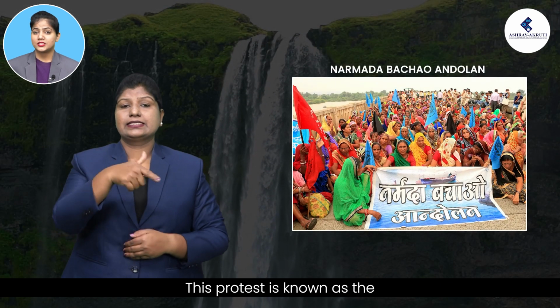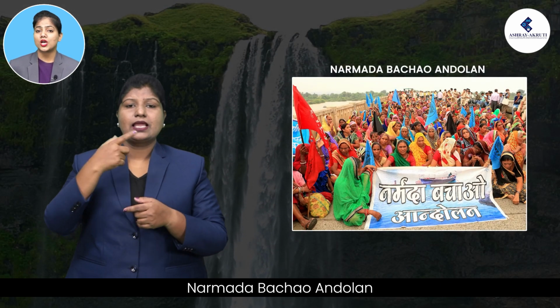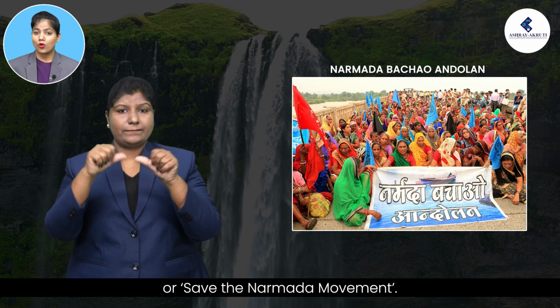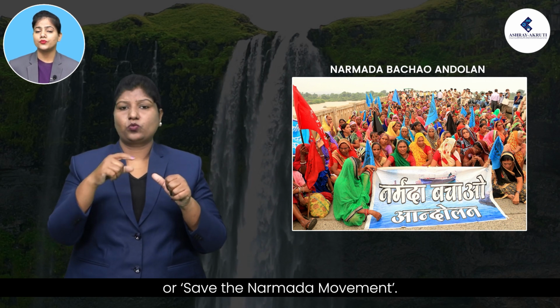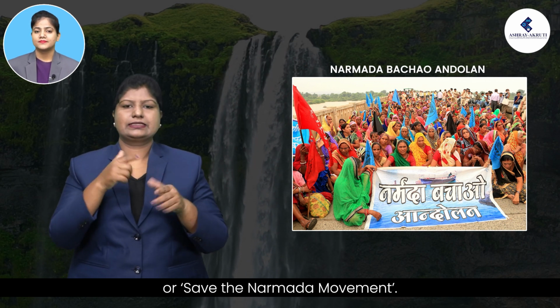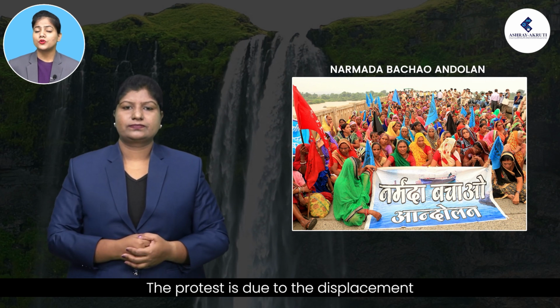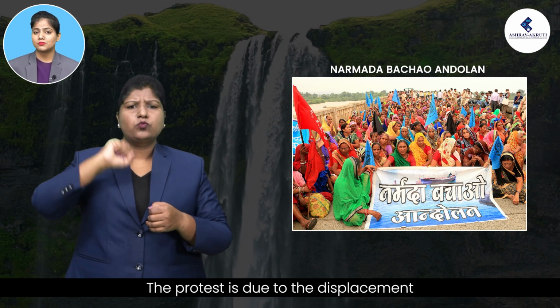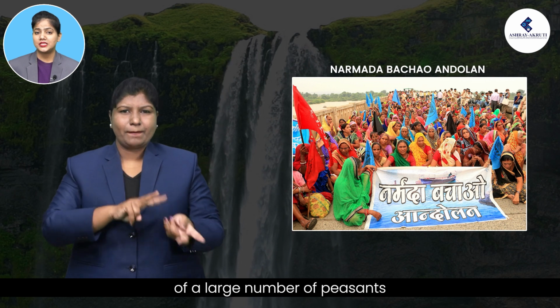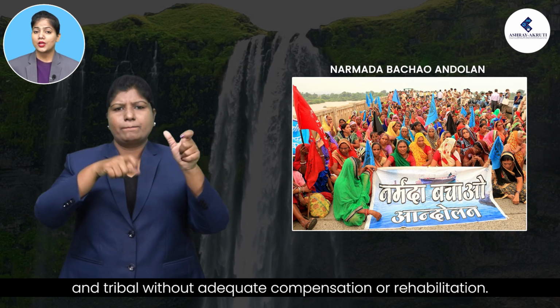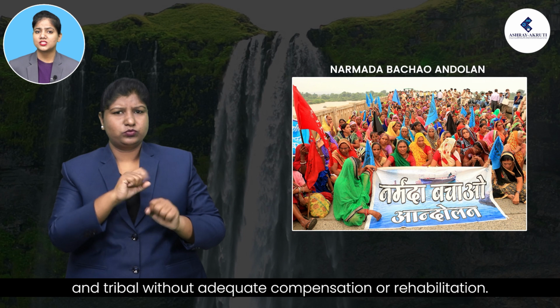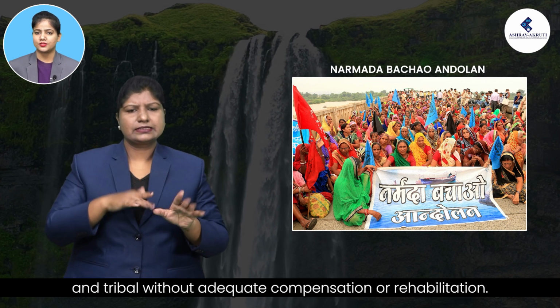This protest is known as the Narmada Bachao Andolan or Save the Narmada movement. This protest is due to the displacement of a large number of peasants and tribal without adequate compensation or rehabilitation.